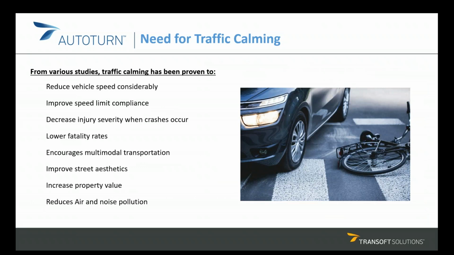Traffic calming has been successfully used for decades in cities across Europe, and more recently, in response to growing number of traffic accidents and speeding issues, cities across North America have begun adopting traffic calming programs to improve safety and livability on the streets.